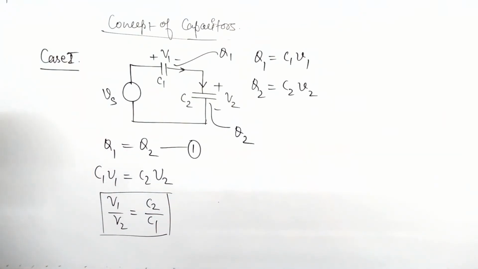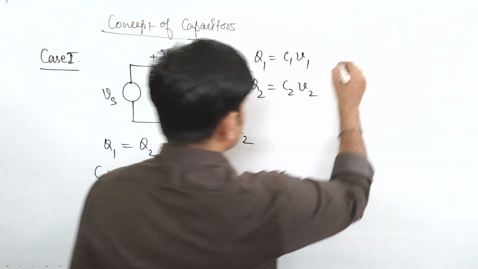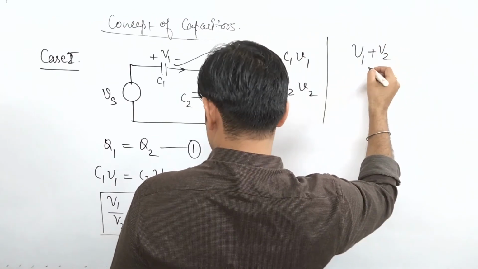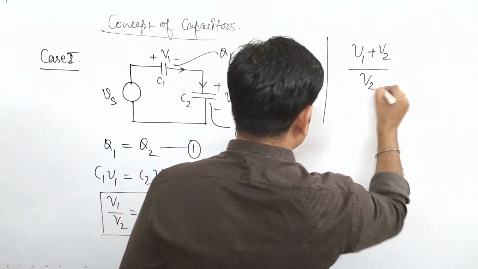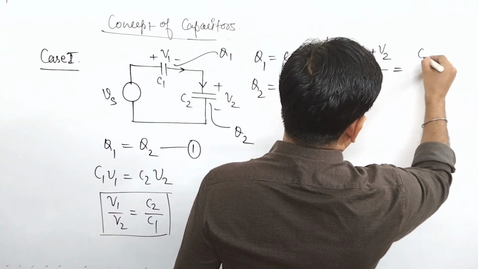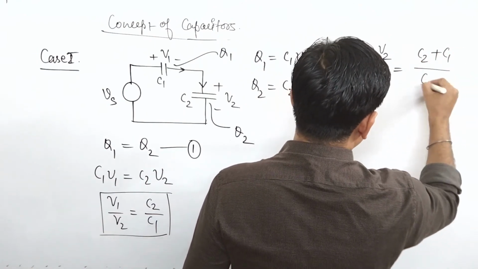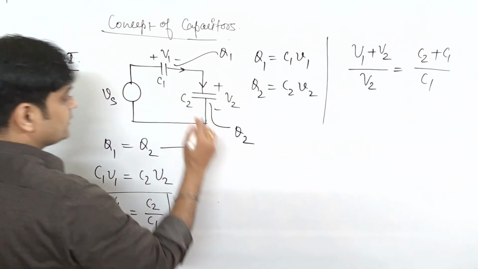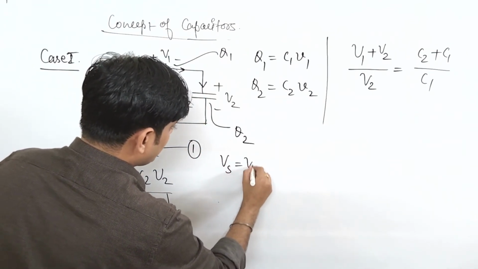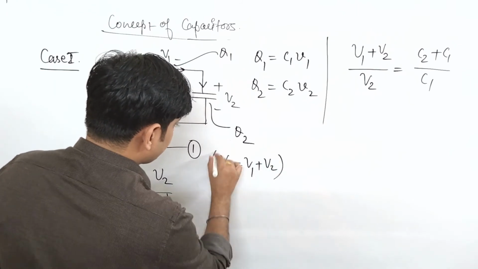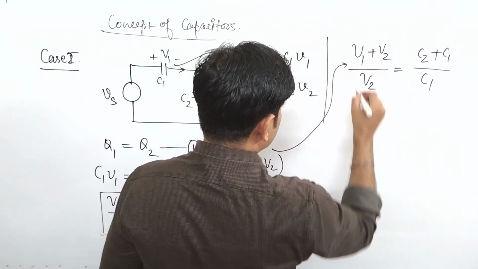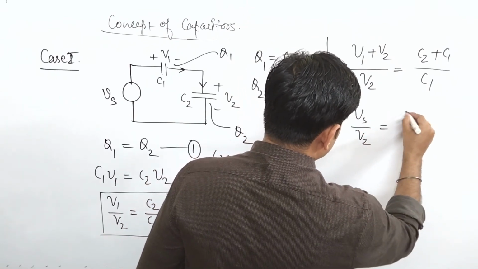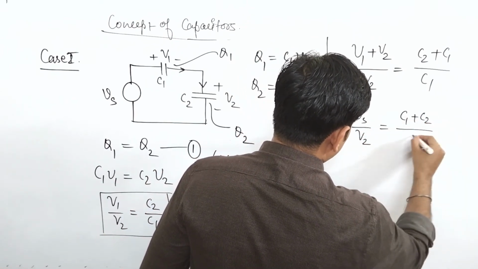From here, if you add, V1 plus V2 upon V2 is C2 plus C1 upon C1. So the value of Vs is V1 plus V2. Just by putting this value here, Vs upon V2 is equal to C1 plus C2 upon C1.